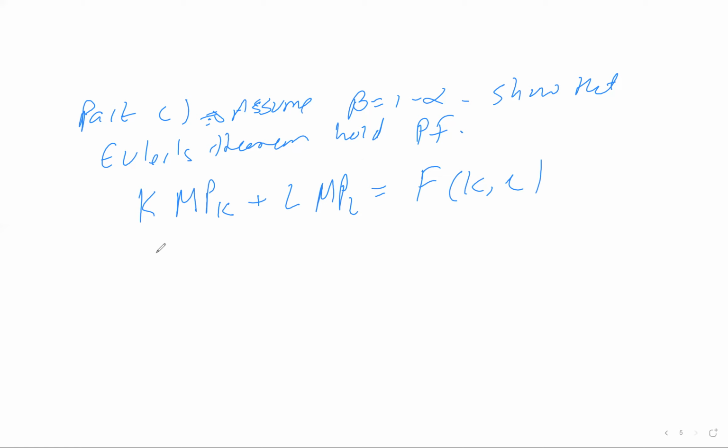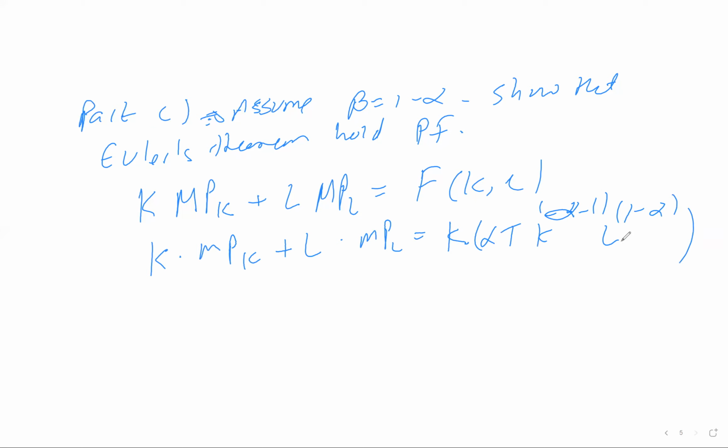All we have to do is some rearrangement. K times MPK plus L times MPL is equal to K times alpha T K to the alpha minus 1 L to the 1 minus alpha, in brackets, plus L times 1 minus alpha T K to the alpha L to the minus alpha.